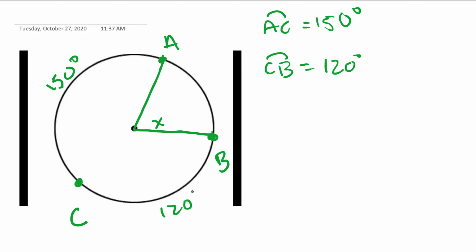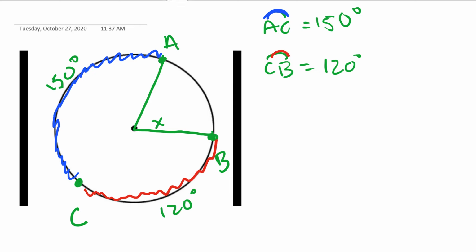So this is what the problem would start like if you wanted to pause it and see if you can get the right answer. So arc AC, I'm going to color in blue. It's this amount here. Arc CB, I'll color with red. It's the arc here from C to B.